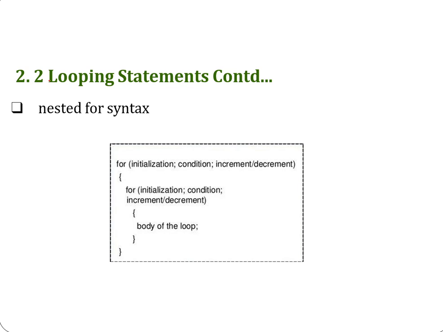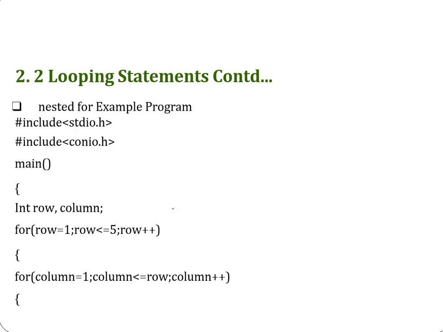So nested for is also possible. Inside one for loop, you can give one more for loop, and you can use it as a nested for statement. This is an example of nested for, which is commonly used in matrix examples. So one will be used for getting the row values, and the other will be used for getting the column values.